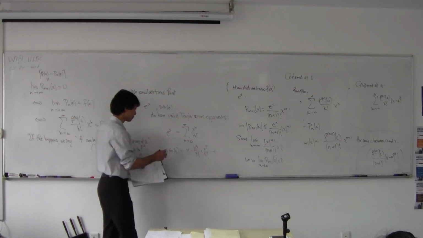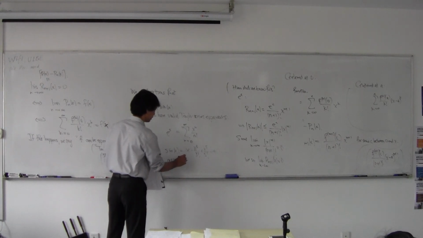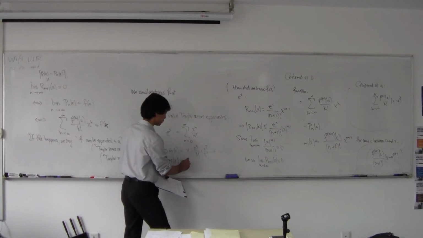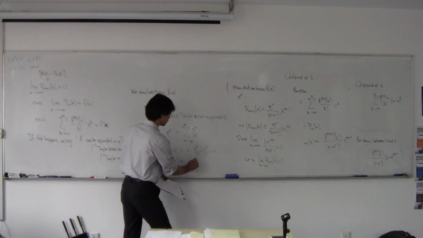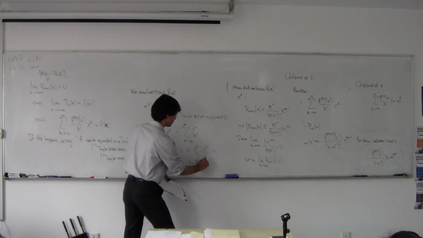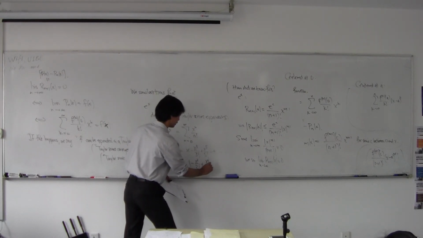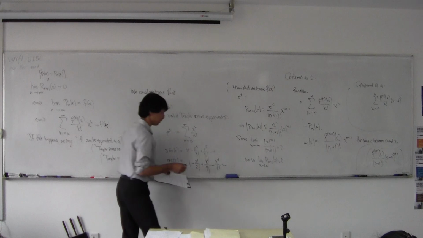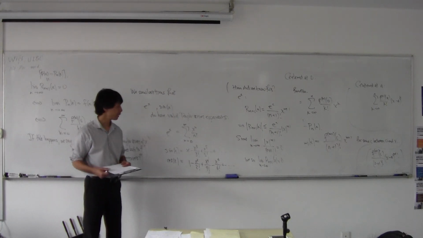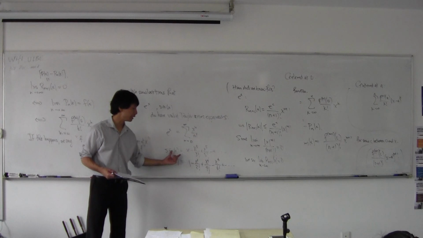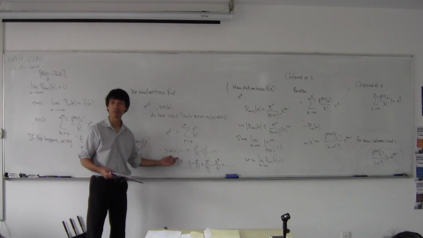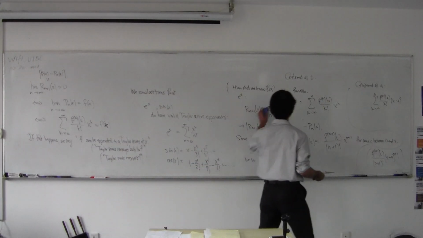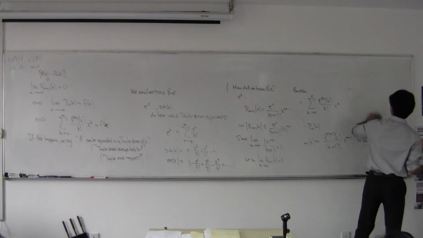For the cosine function, by differentiating the sine function term by term, you get 1 minus x squared over 2 factorial plus x to the 4th over 4 factorial minus x to the 6th over 6 factorial plus minus, etc. You can get that by differentiating the sine function on both sides. And that is also a valid Taylor expansion.